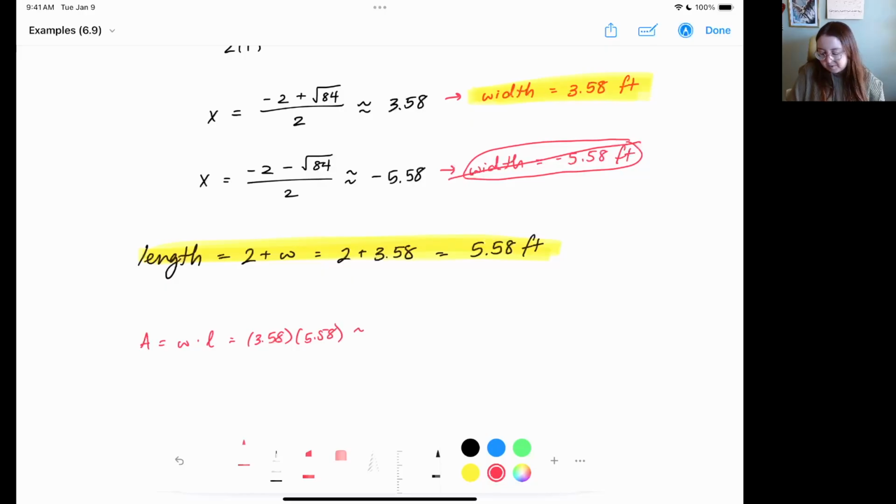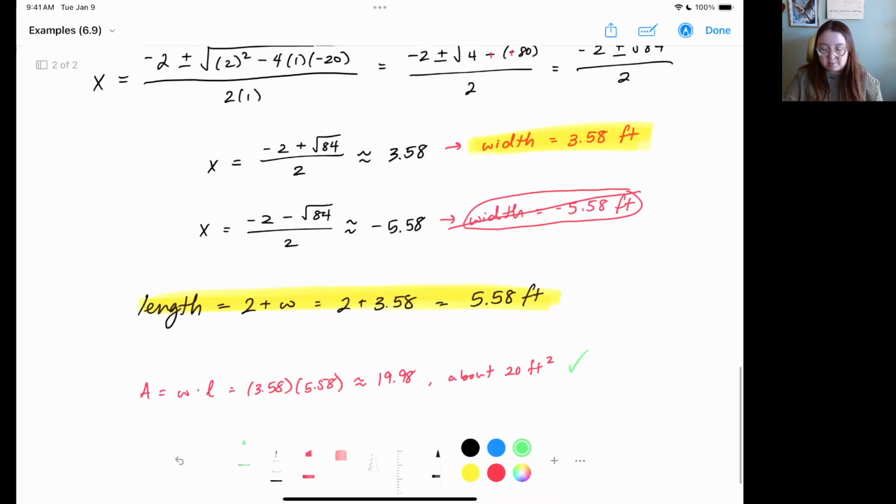And these are decimals, so they're not going to probably equal 20 exactly, but the reality is that they'll probably be very close, something like 19.98, which is what this is equal to. So this is about 20 feet squared. So this checks off. So we can always check our answer just to double check and make sure that what we got was correct, which in this case seems correct.